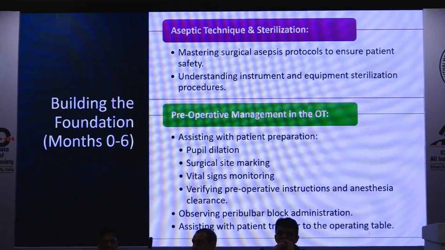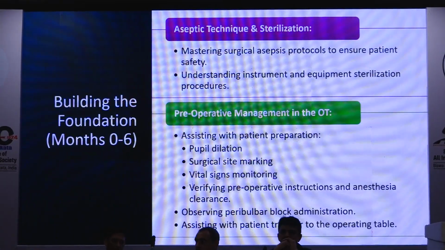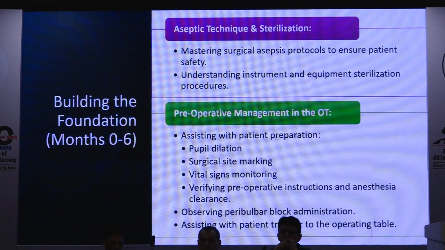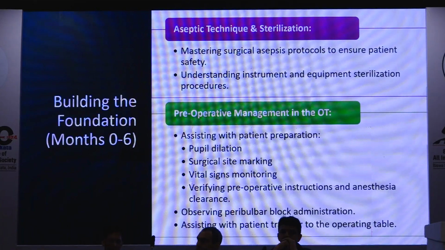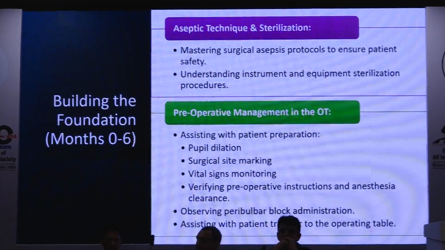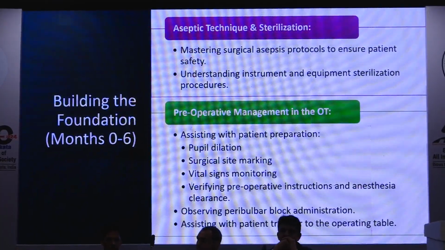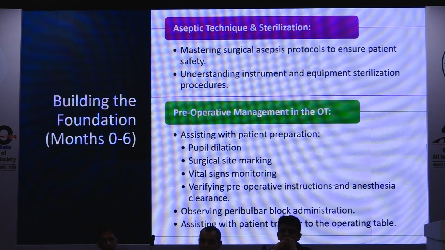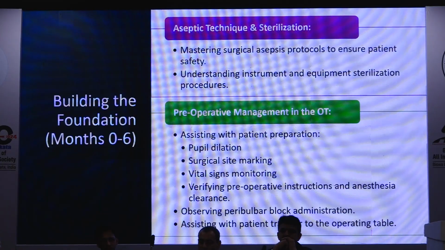Basic things like pupil dilatation, surgical marking, and verifying the instructions given to the patient before surgery. Also certain procedures like the peribulbar block; it's a great thing for a first-year resident in the first 6 months to learn to give a flawless peribulbar block. So these are the things which are required of a new resident.